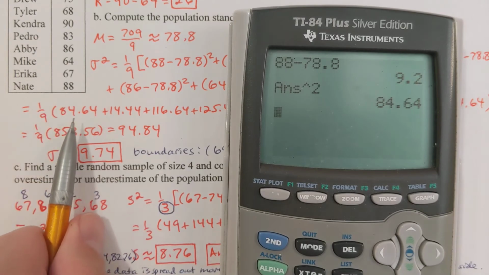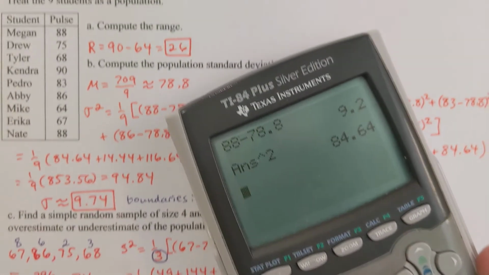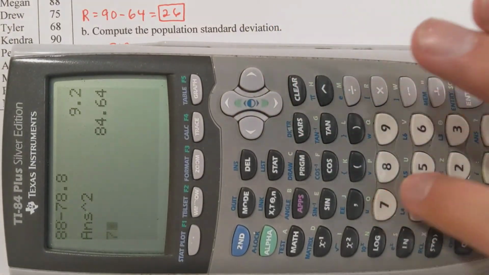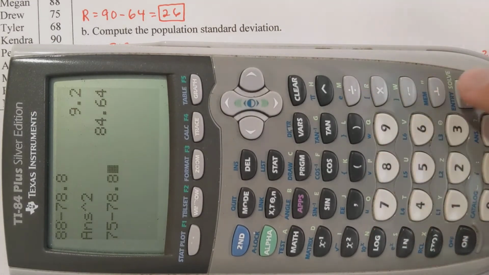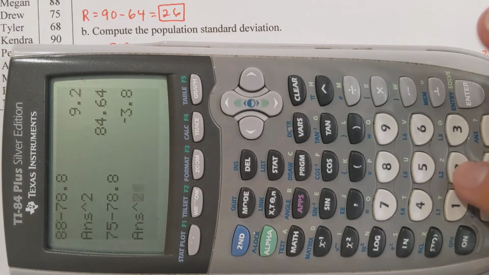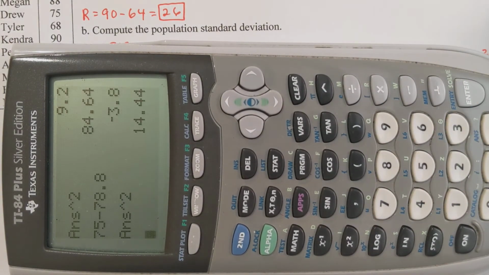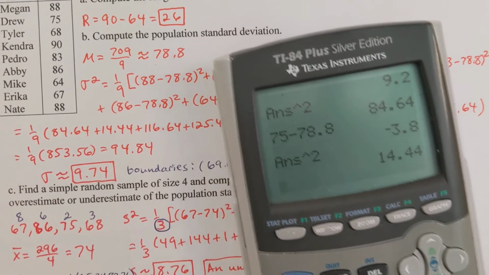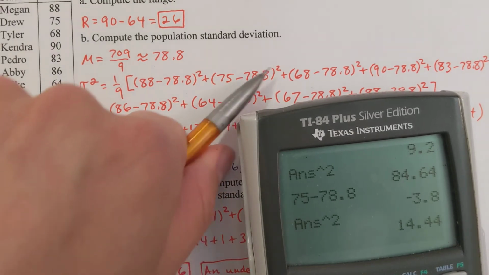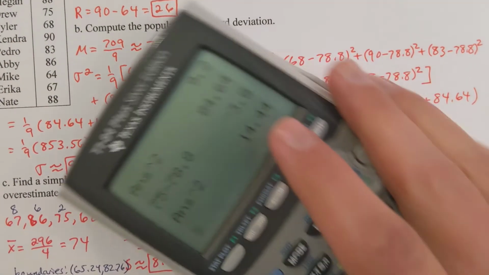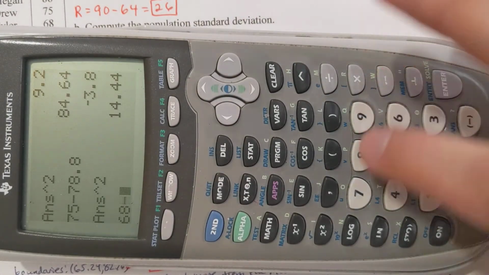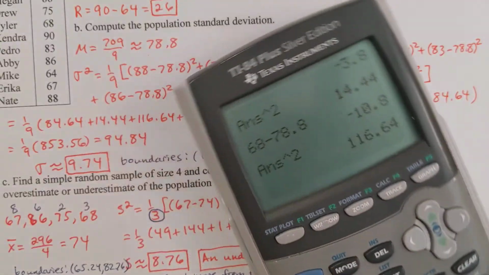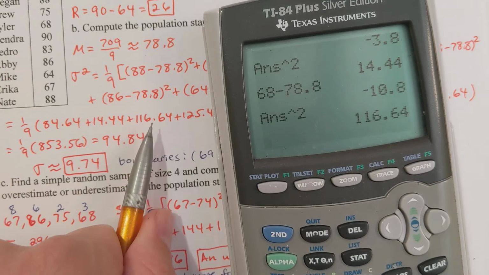Then the next one that I take is 75 minus 78.8 squared, which gives me 14.44. Then I take the next one, which is 68 minus 78.8 squared, and that gives 116.64.